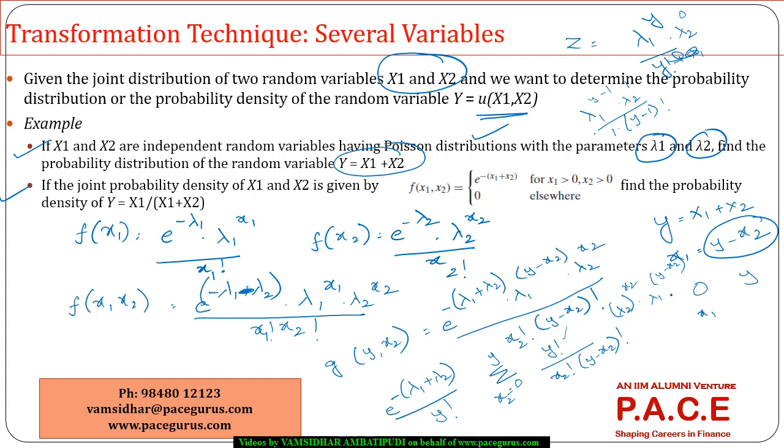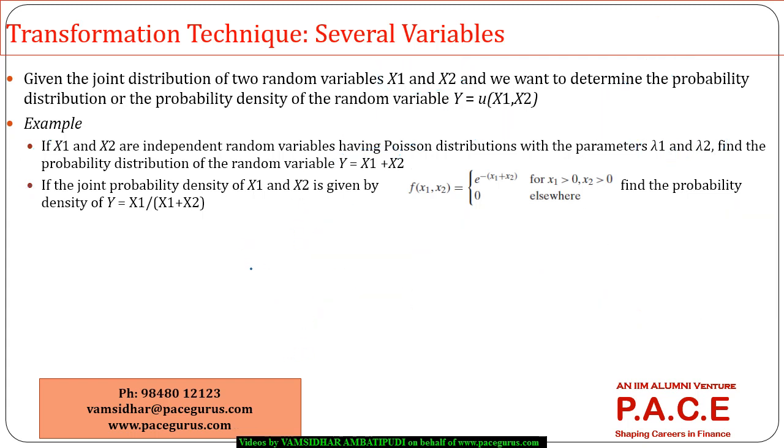Taking that out, it is a binomial expansion, which expands to lambda 1 plus lambda 2 to the power y. So the whole thing works out to e to the power of minus (lambda 1 plus lambda 2), divided by y factorial, times (lambda 1 plus lambda 2) to the power y.